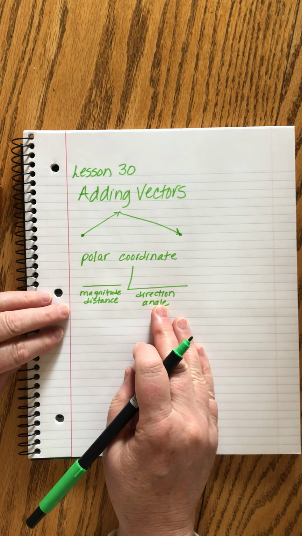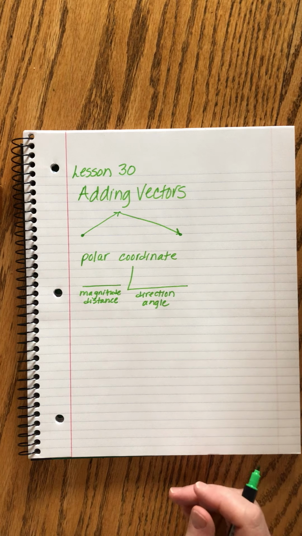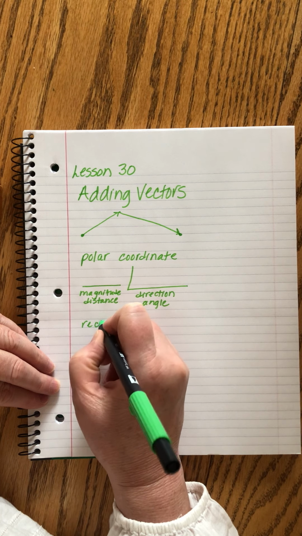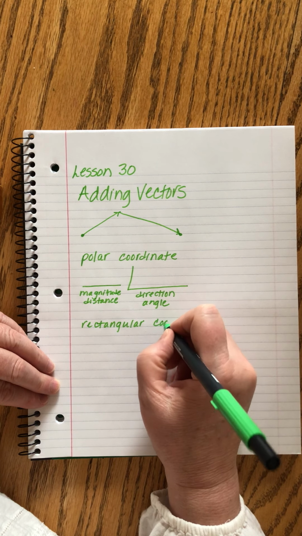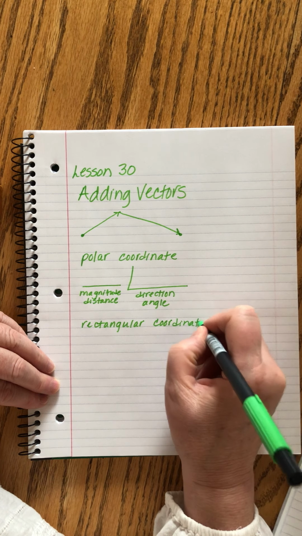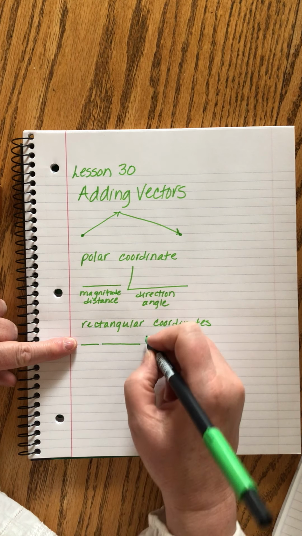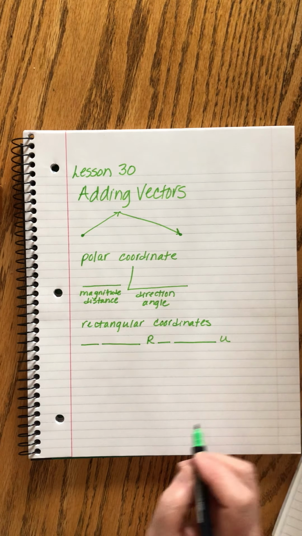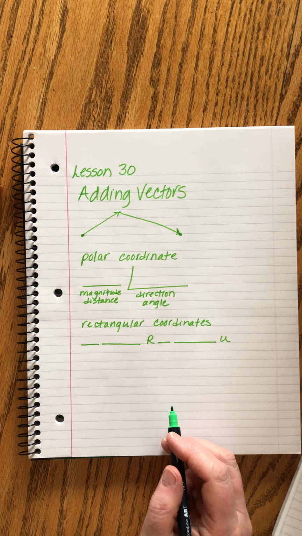Now, these are really great for describing these forces, but when we go to add them, we can't do it with a polar coordinate. So what we do then is we change them into rectangular coordinates. And remember, rectangular coordinates look like this. They have a sign and a number to the right, and a sign and a number to the up, if you will, where, you know, right is the x-axis and up is the y-axis.